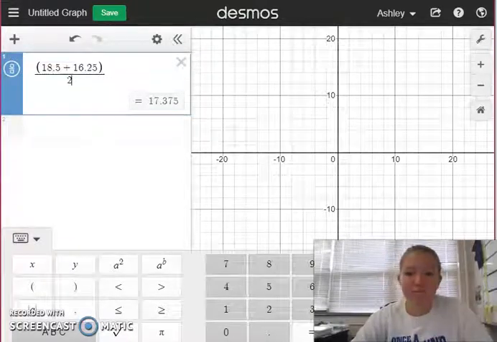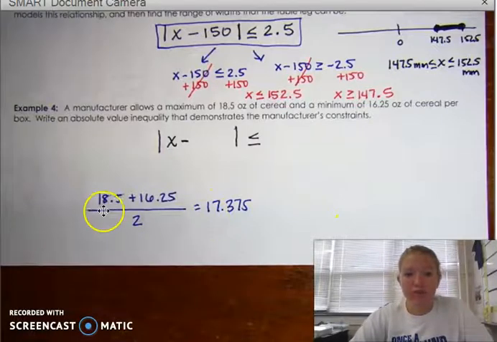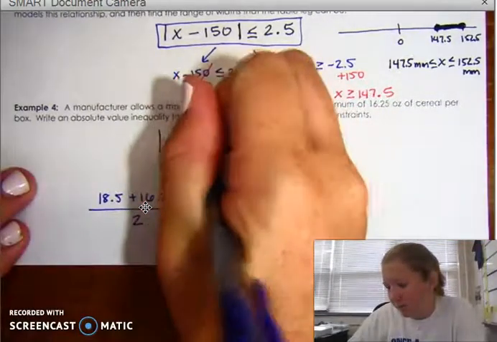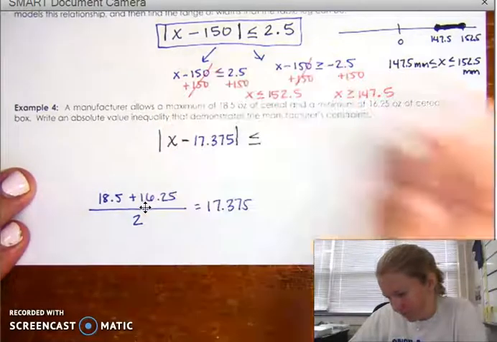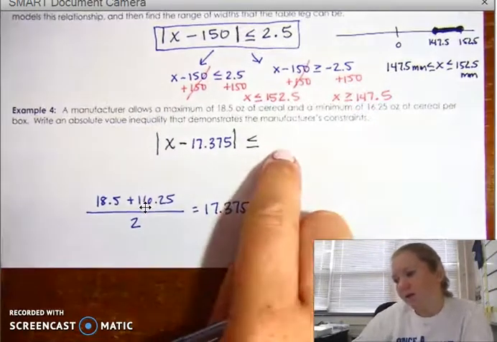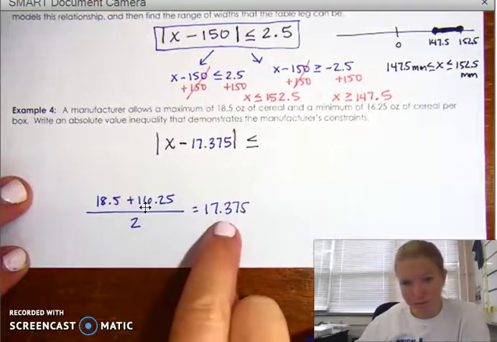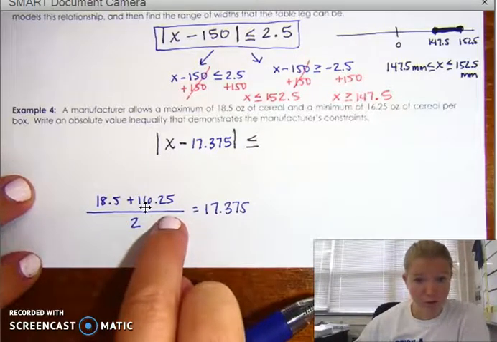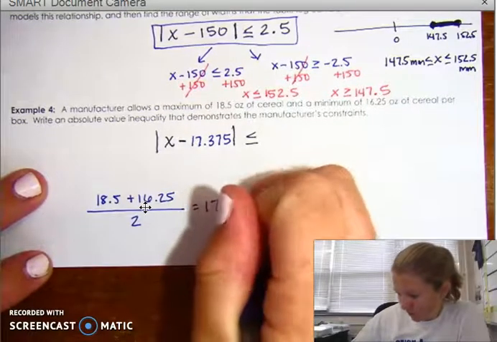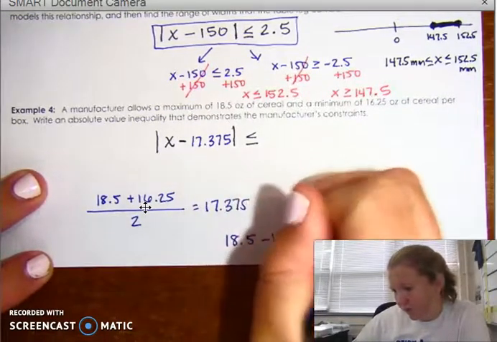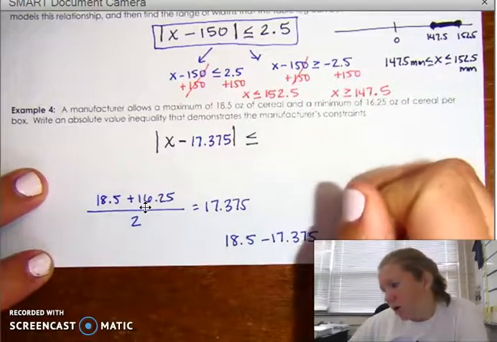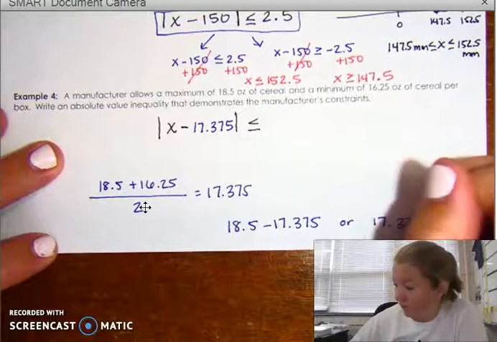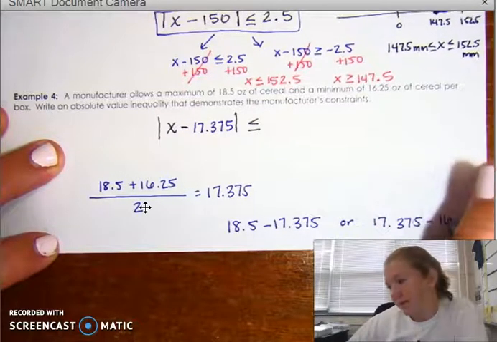That is the middle number, okay? So between the highest and lowest point. So that's going to be my ideal amount. Now, to find the tolerance, it's just going to be the distance from the middle to either one of these, the max or the min. So what we could do is we could take 18.5 and subtract 17.375, or you can take 17.375 and subtract 16.25.